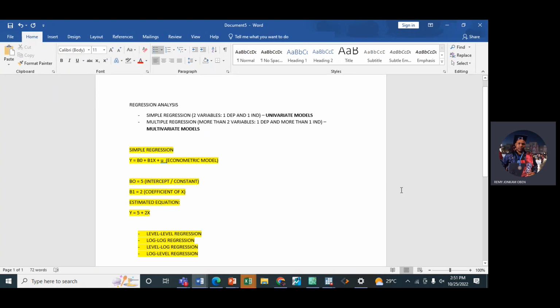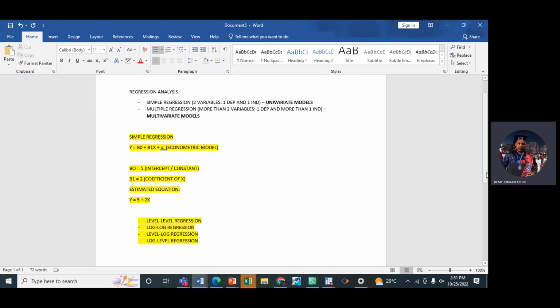Okay, so if it is a level regression, then like I told you in class and demonstrated on the board, when you're interpreting it, you use the units of all variables.